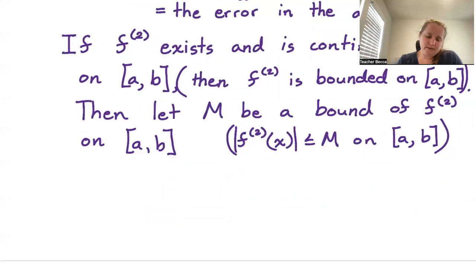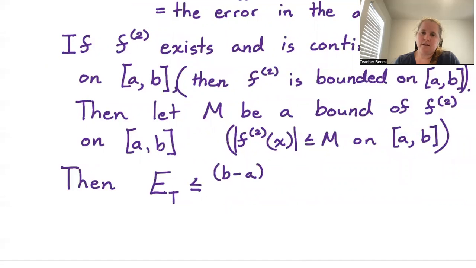Then the error E sub t is less than or equal to (b minus a) cubed divided by 12 n squared, times that bound M. So this is a quick formula for bounding the error from the trapezoidal rule approximation.